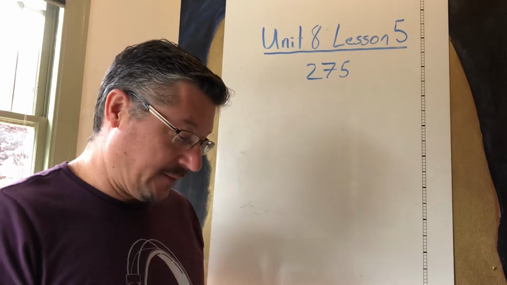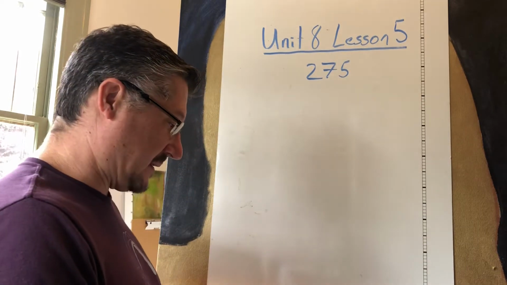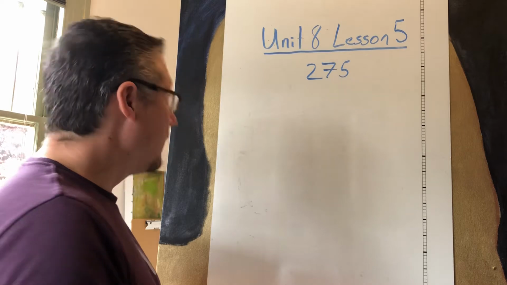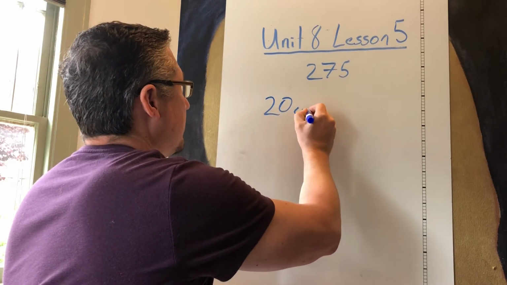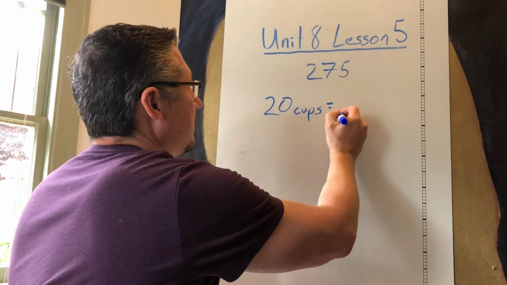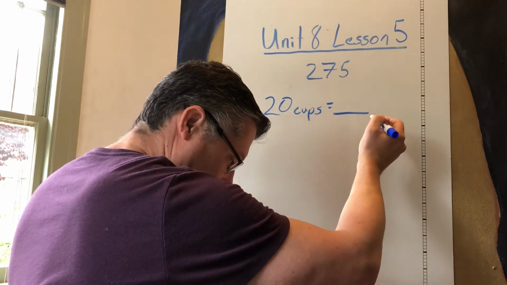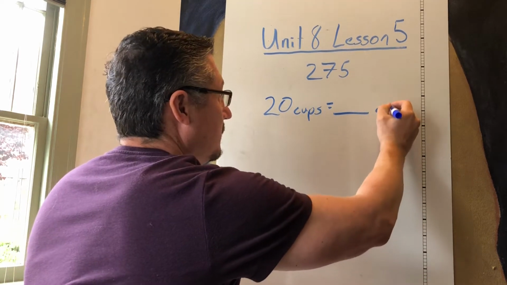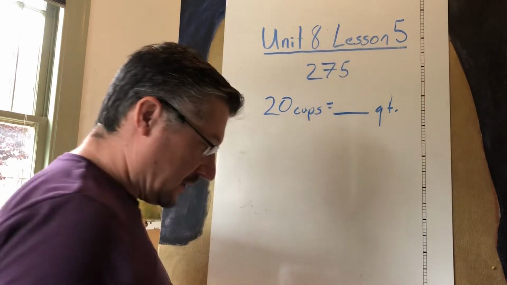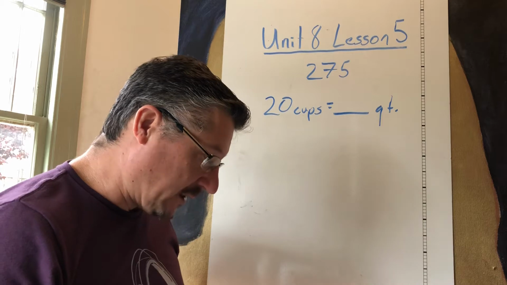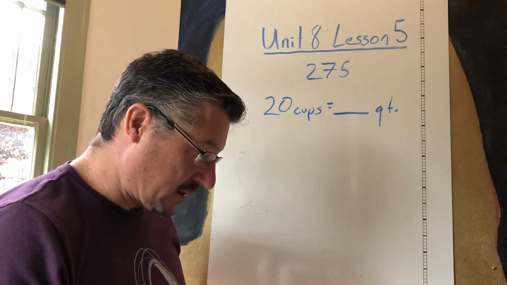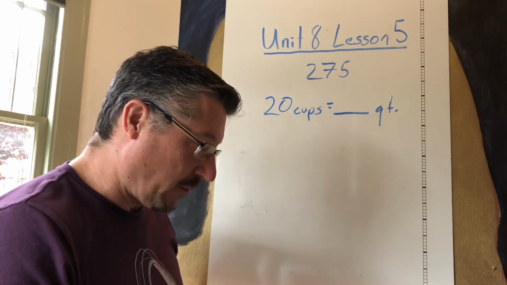Number 5 is the first real conversion: 20 cups equals blank quarts. I look at my chart and see they don't have 1 cup equals so many quarts, but they do have 1 quart equals 4 cups.